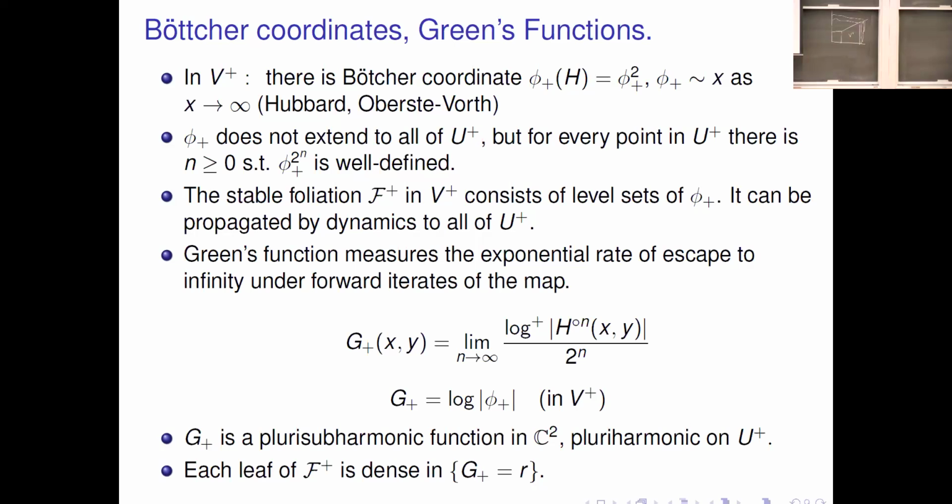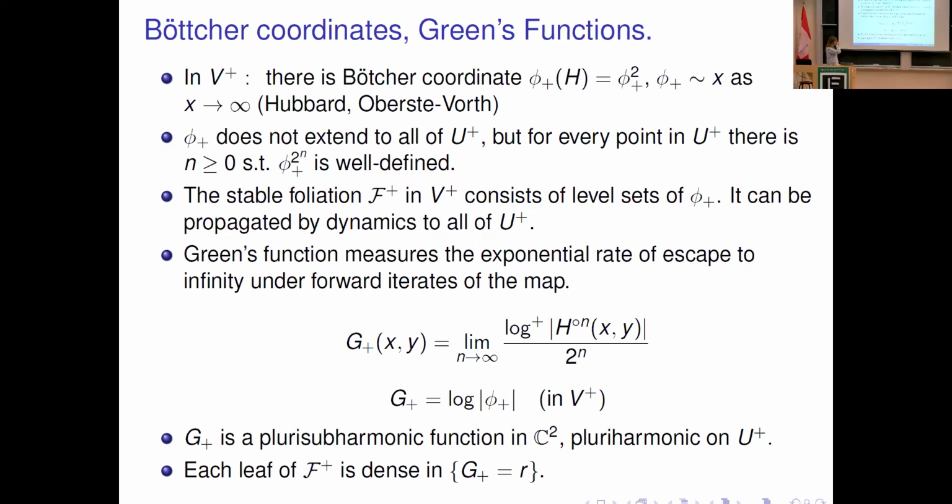And you can do the same for U minus. There is some small subtlety: you cannot conjugate inverse dynamics to z goes to z squared. It's going to be z squared over a. We can define the Green's function measuring the rate of escape to infinity, and again, two Green's functions.